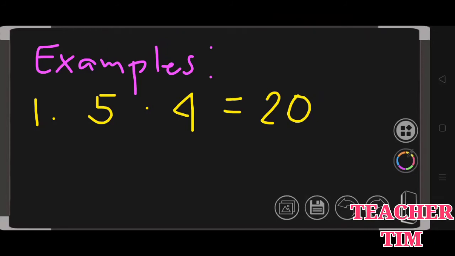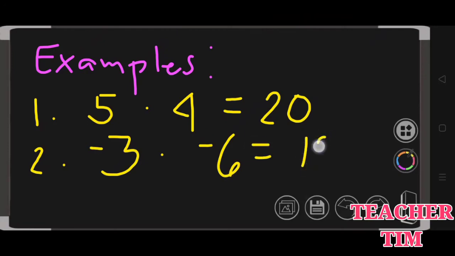Since they are both positive, our sign is positive 20. Number 2, we have negative 3 times negative 6. So they are both negative, so same signs. The answer is also positive. So 3 times 6, that is 18. So the final answer is positive 18.